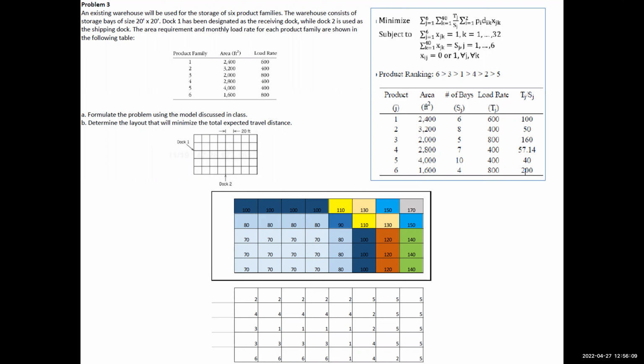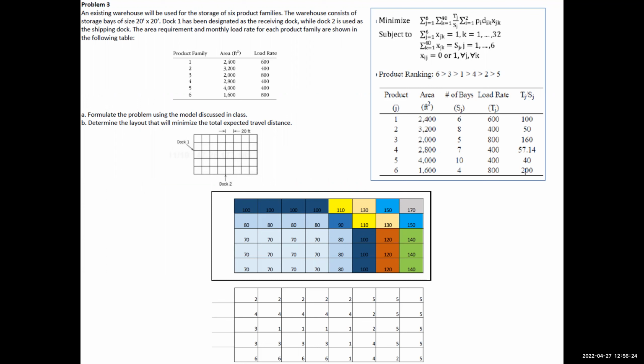If you're solving this problem, you have two parts. The first part deals with the ranking of the products, understanding which products will have priority. The second part is to identify the best locations in the warehouse.